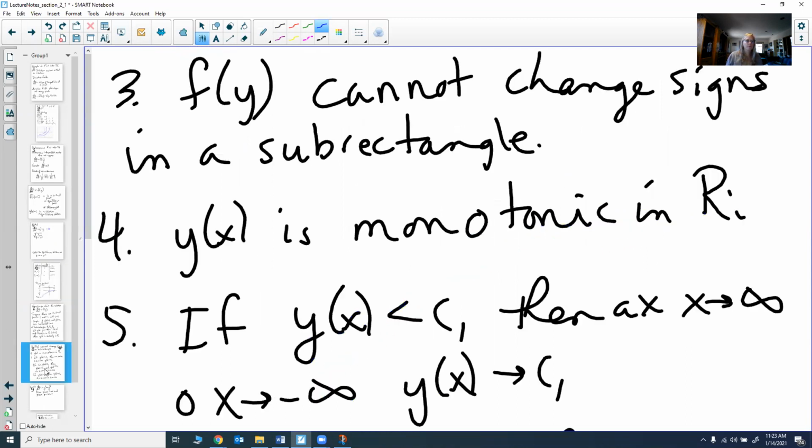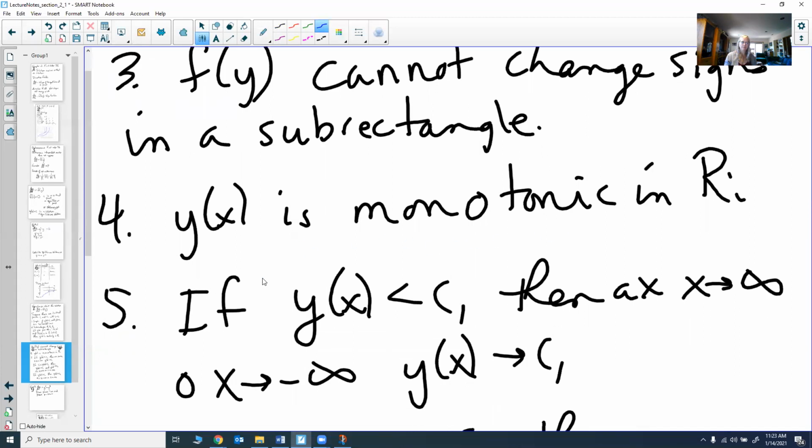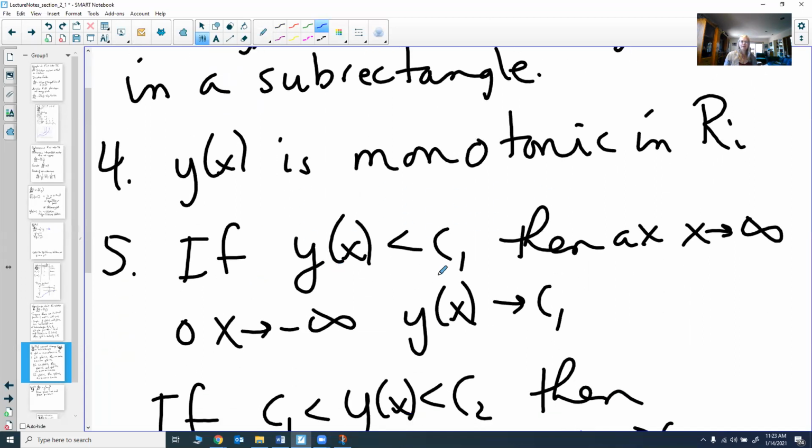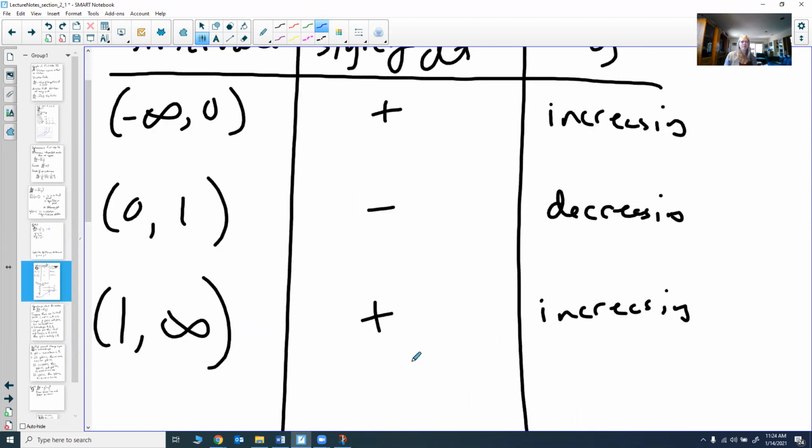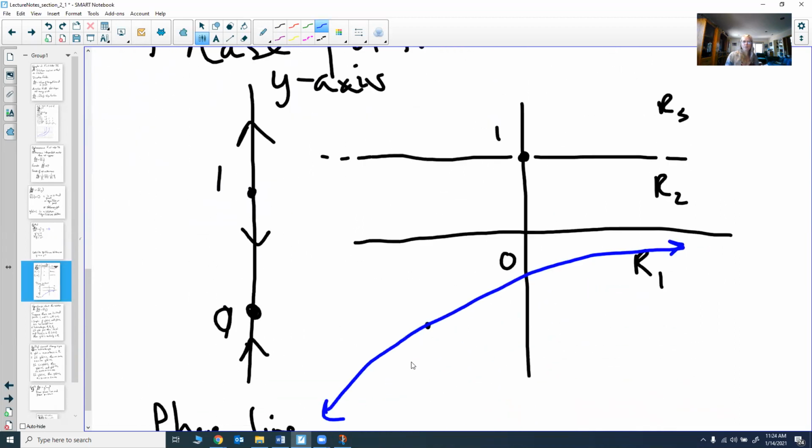So these are some more properties that we just saw. We can't change signs in the sub-rectangles. We already knew that because that's how they were created. We also know it's monotonic. We're only increasing on that interval, so we're not going to be changing from increasing to decreasing. If y of x is less than C1, then as x goes to infinity, or negative infinity, y of x goes to that C1.